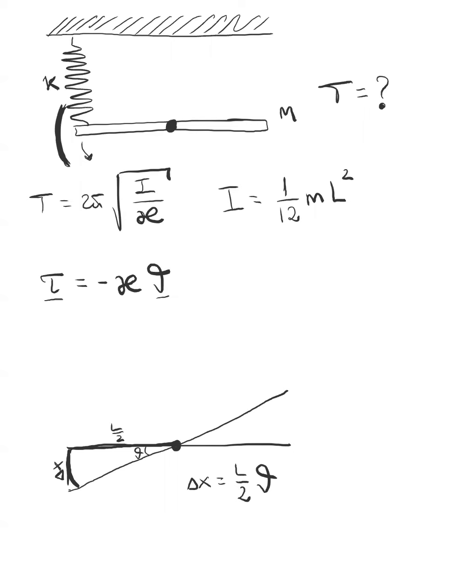This means that the force generated by the spring when I move my rod by a small angle theta is negative k times delta x, so it's negative k times L over 2 times theta.